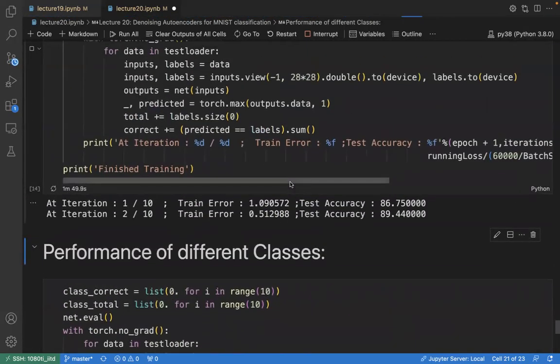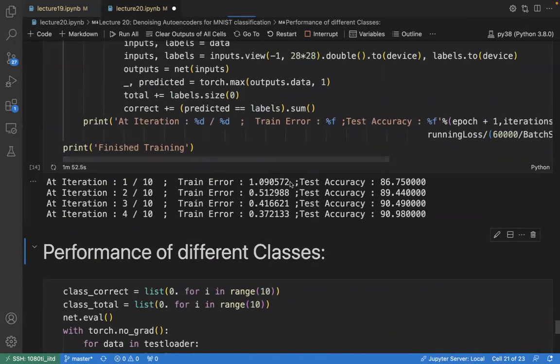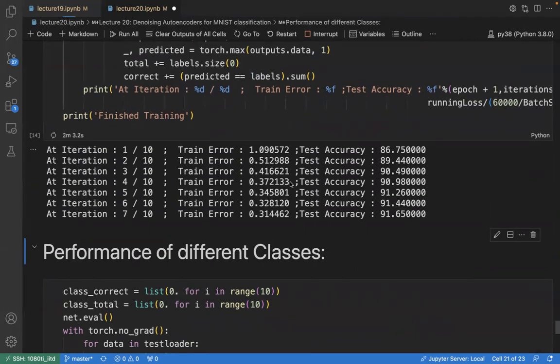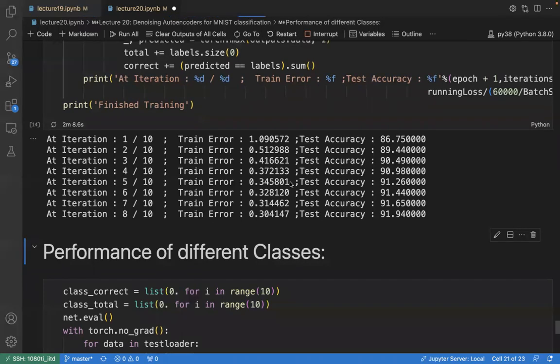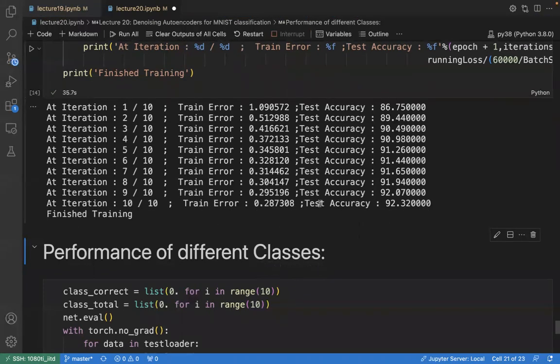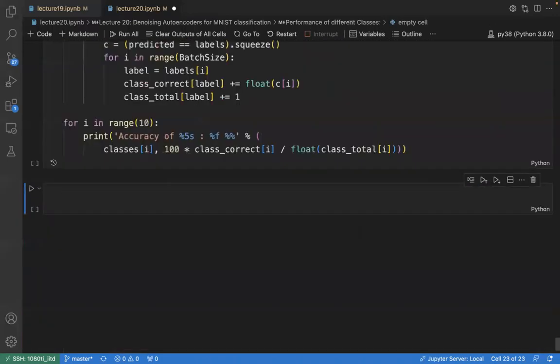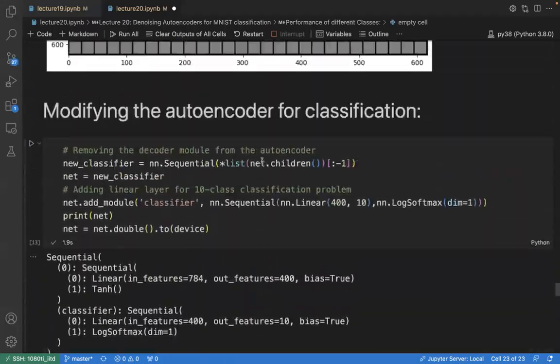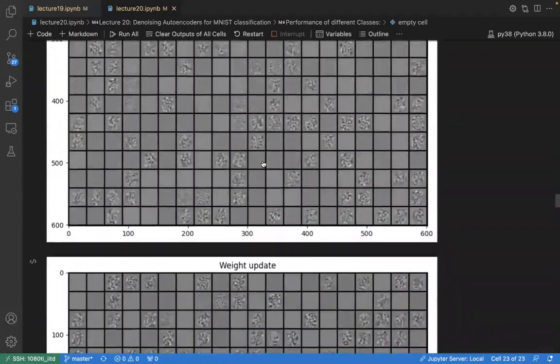Let me just train it and see. Okay, we got an accuracy of 92.3, and I guess the class level performance will be good. So yeah, removing the sparsity thing, it's really working.